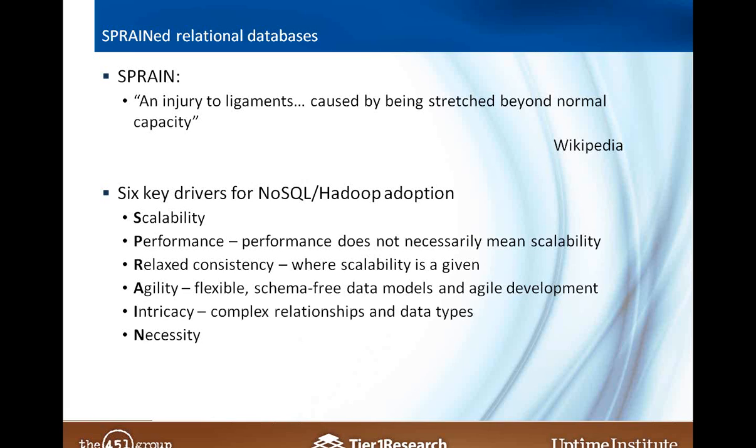And intricacy, in particular here we're talking about dealing with complexity or complex data types or multiple data types, so dealing with structured and unstructured and semi-structured information, also dealing with complex relationships. Sometimes the interesting thing about two pieces of data is not the data itself, it's the relationship between them.